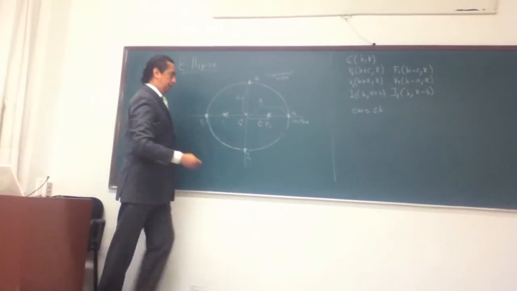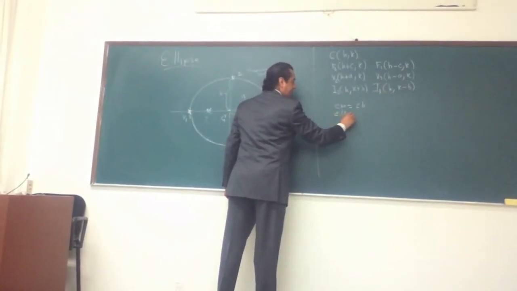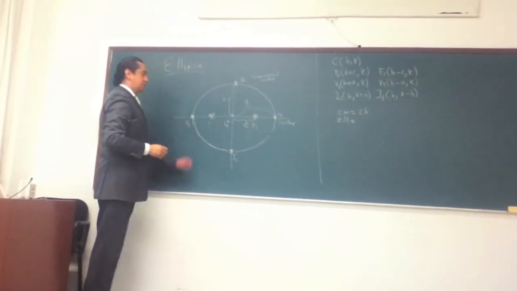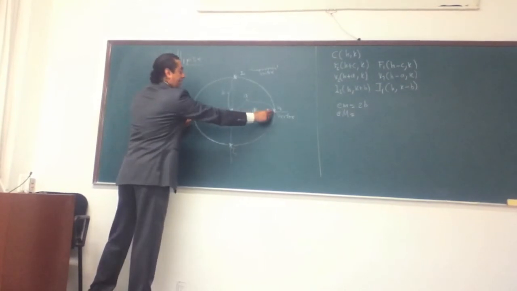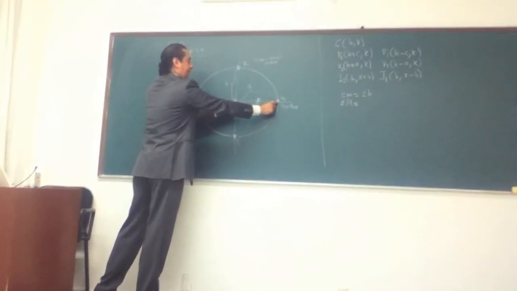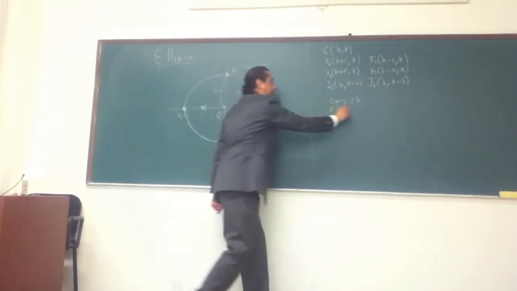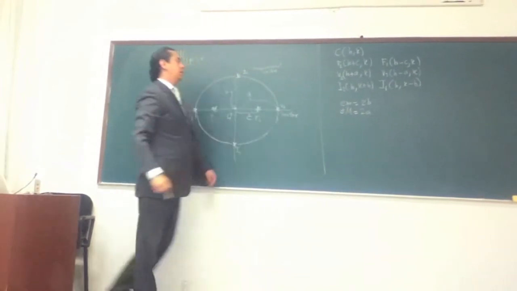The major axis is the distance between vertex 1 and vertex 2, which is a plus a, 2 times a.